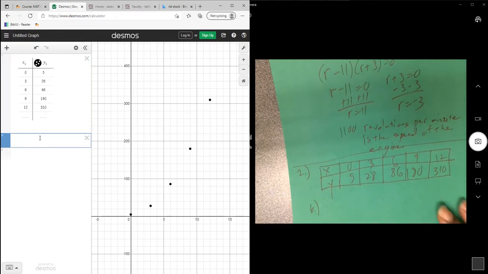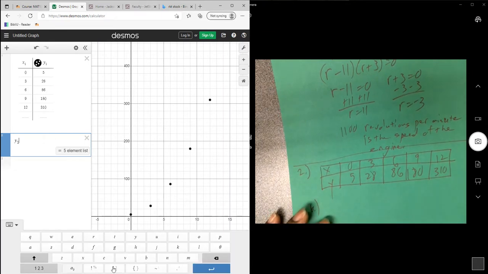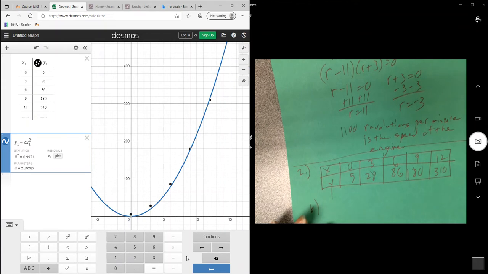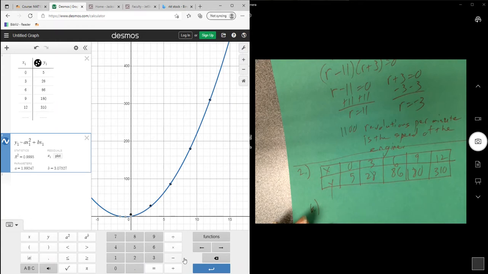Now, the quadratic regression is y1, then we have to do our tilde, and then it's ax1 squared, and then plus BX1 plus C.